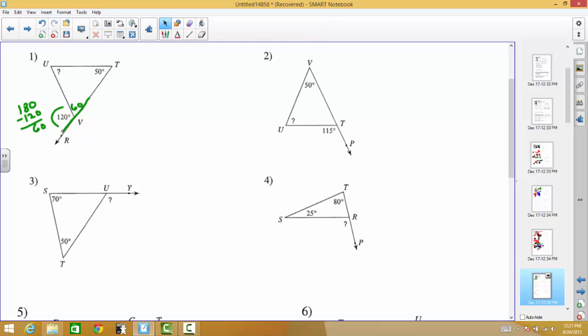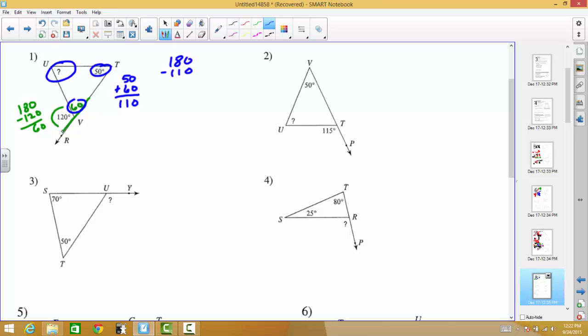And then to find what's inside, you would add up your 50 and your 60. That's 110. And the three of them together add to give you 180. So 180 minus 110 is 70.